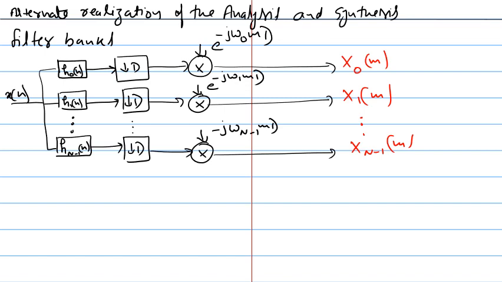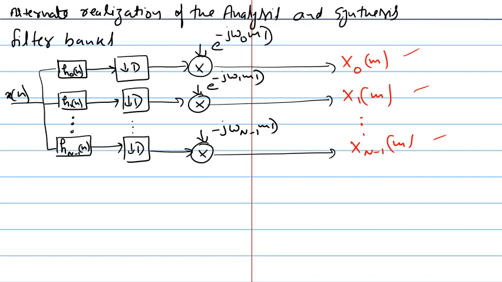You can compare it with the previous analysis filter bank, where first we did the multiplication with the complex exponential, then passed it through a common filter h naught for each channel, then did a downsampling and got the same thing. However, this is just another way.